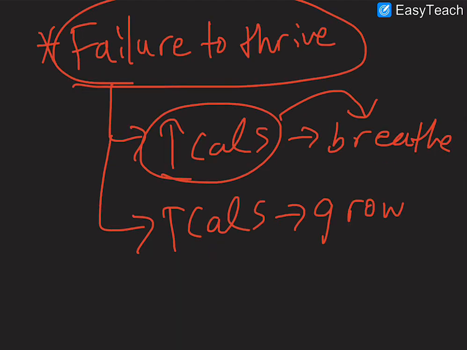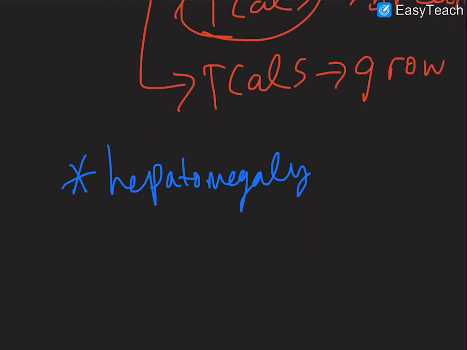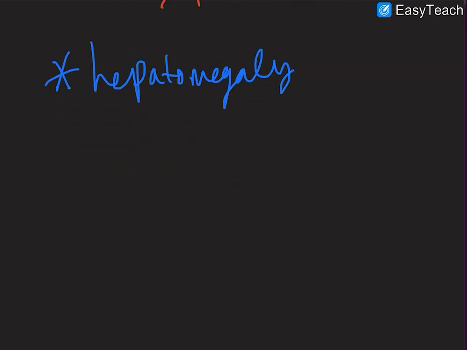And as blood backs up, right? Remember, as blood backs up, it can back up into your organs. So you can see hepatomegaly, for example, because remember, as your left side of the heart's failing, it can back up to your right side of the heart.